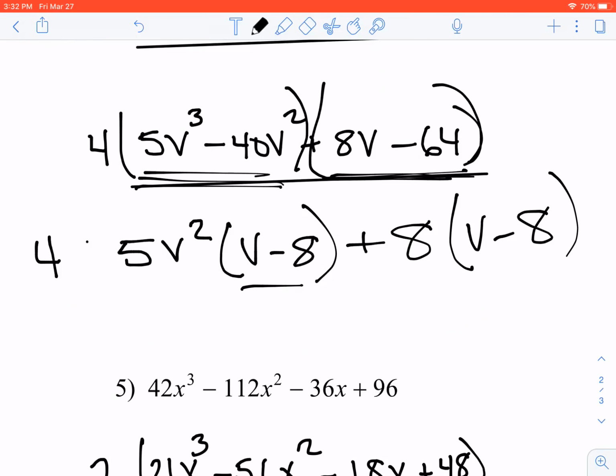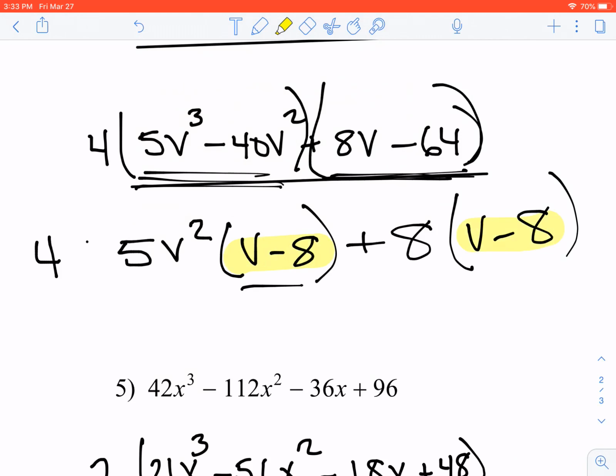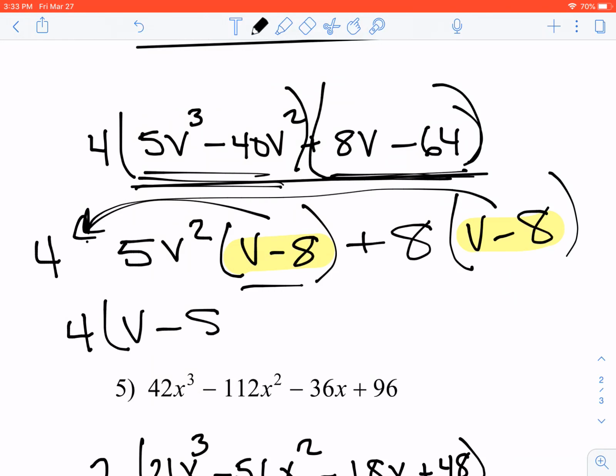All right? And now I take my 2 for 1, right? I take my v minus 8, and I bring those out front. I'm going to factor those out in front of the 4. I'm going to take them both out, and they become 1. So I have 4 times v minus 8.